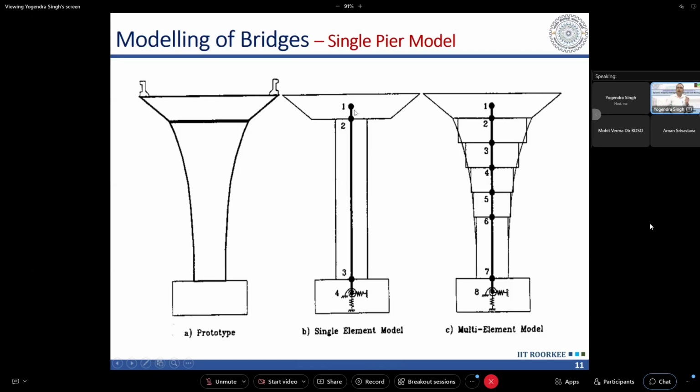So how is the mass lumped? It consists of the mass of the pier cap plus some portion of the pier, roughly 50% of the pier mass, which we can also lump here. Then it also consists of the mass of the superstructure. How the mass of the superstructure contributes to a pier will also depend upon the bearing arrangement.